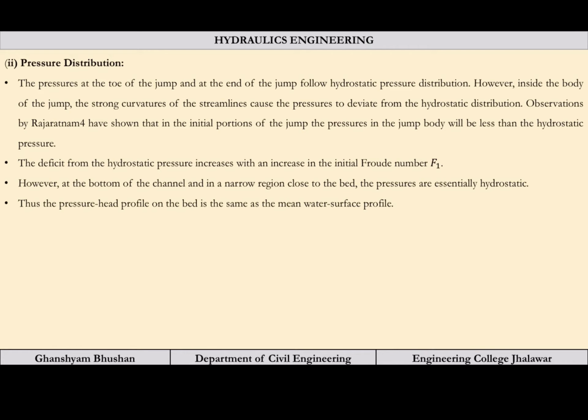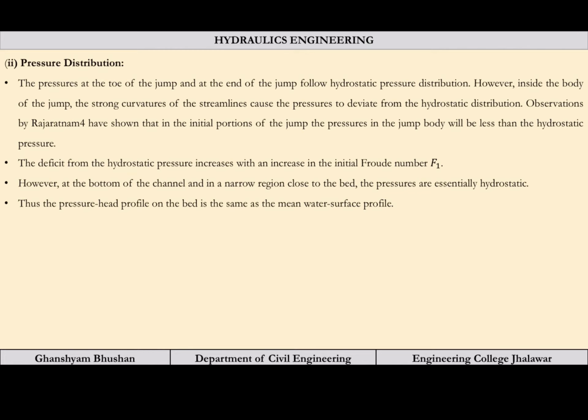However, inside the body of the jump, strong curvatures of the streamlines cause the pressure to deviate from the hydrostatic distribution. Observations of Rajaratnam, a very great scientist, have shown that in the initial portions of the jump, the pressure in the jump body will be less than the hydrostatic pressure.